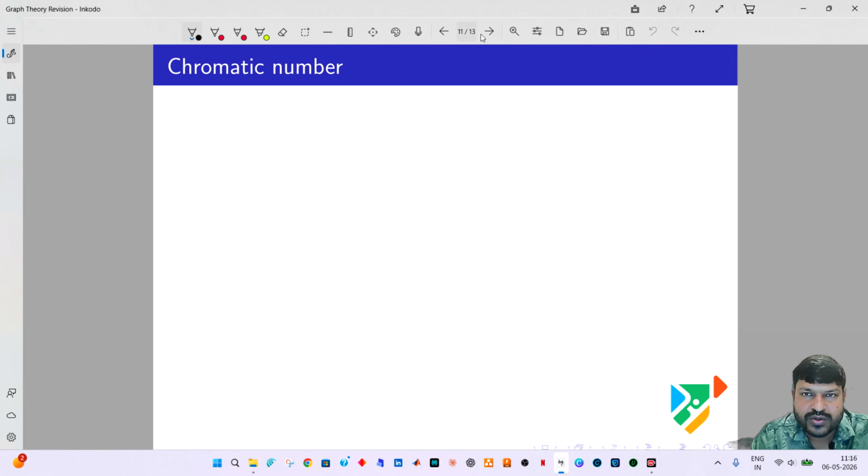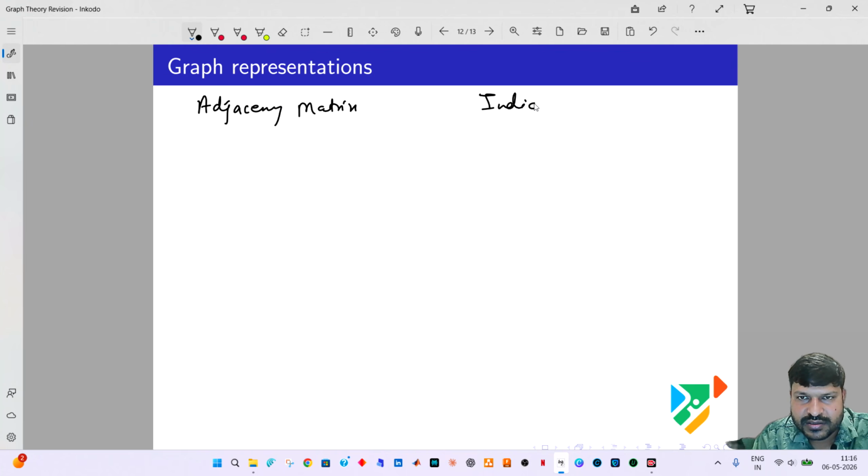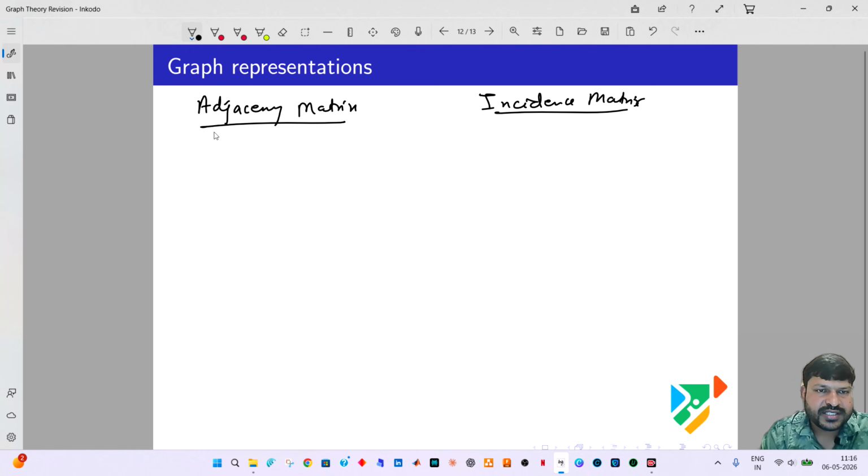Next, we discuss graph representation. We'll only discuss adjacency matrix and incidence matrix. So what is adjacency matrix?